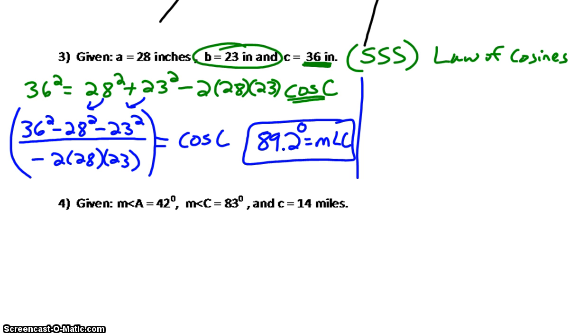I set it up as the sine of 89.2 over 36 equals my sine B, in this case, because it is the one opposite the smallest side, will give me the smallest angle.